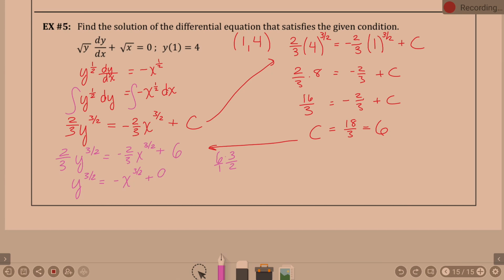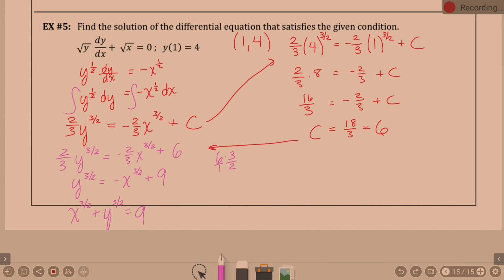How did I leave my answer? For whatever reason, I didn't mind square roots here, but I did put the y and x on the same side. So when you add it over, x to the 3 halves plus y to the 3 halves equals 9. That would work.